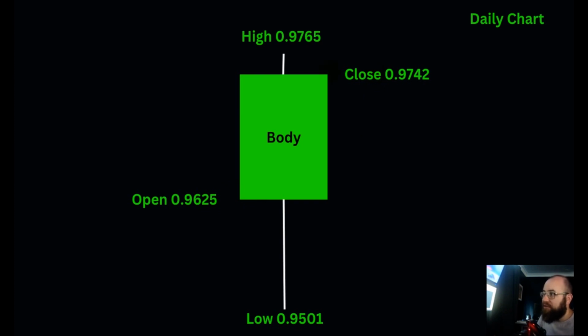But at some point during the day, price was all the way down here, 95.01, and it was a bit higher at 97.65, but it closed at 97.42. So these wicks show where price was within the duration of the candle, but the opening and closing price is where price actually was when the candle opened and closed.